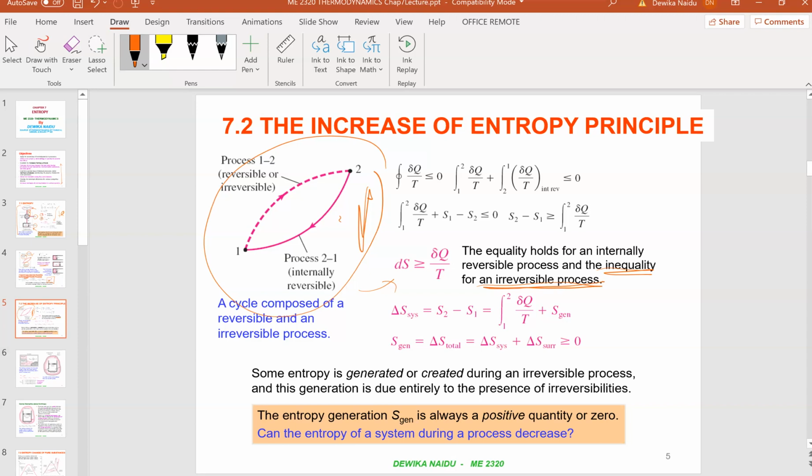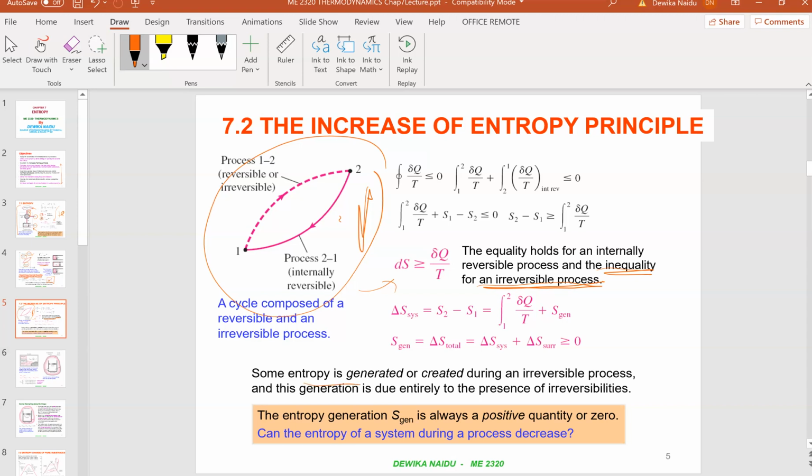So the inequality sign preceding the relationship is a constant reminder that the entropy change for a closed system during an irreversible process is always greater than the entropy transfer itself. Okay, so entropy is generated or created during an irreversible process.